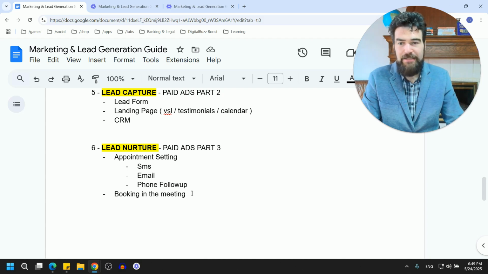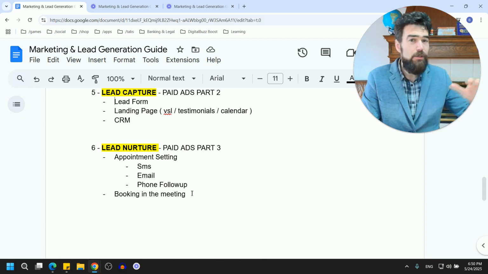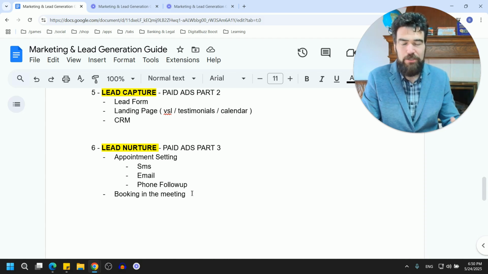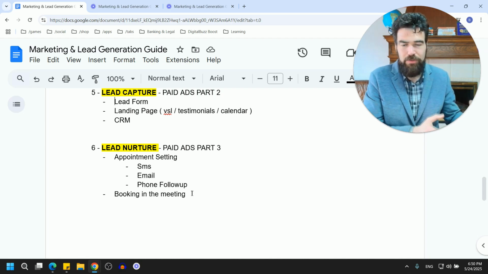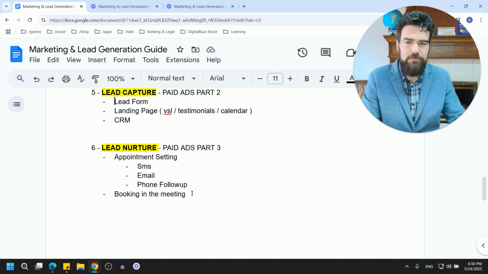This means that we now have their contact details, but we're going to pre-sell them a little bit or do some warm-up process so that when they get to the closer or the sales rep, it's going to be easier for them and they're going to be ready to just do the process. So this is a process called appointment setting.